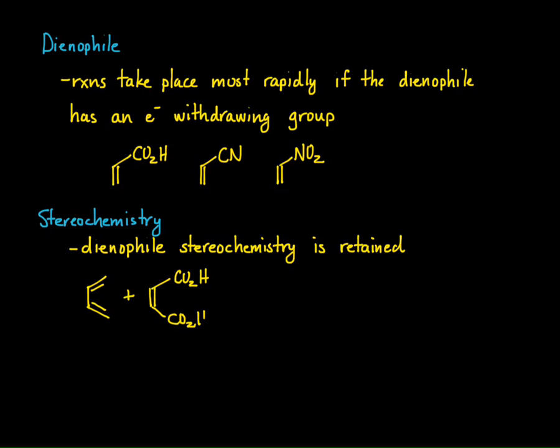For example, here I have 1,3-butadiene reacting with my dienophile, and notice the carboxylic acids are cis to one another, and therefore when I draw out my product, the two carboxylic acids are cis to one another.